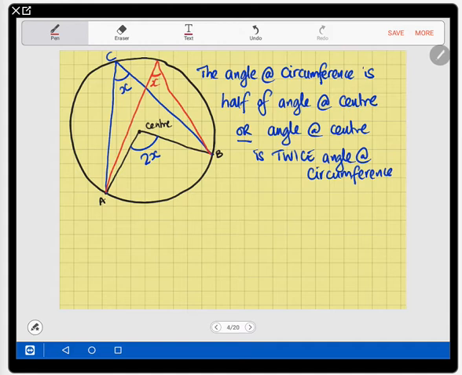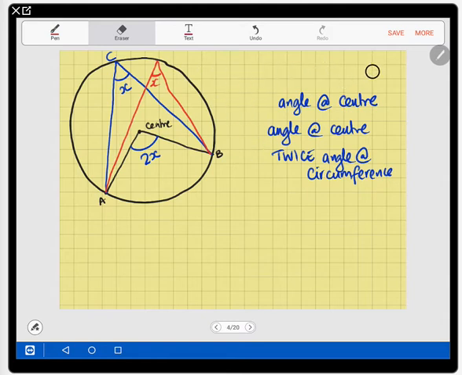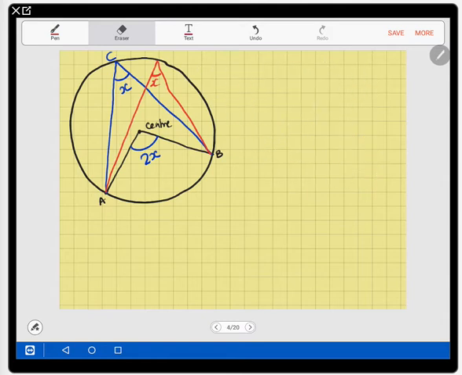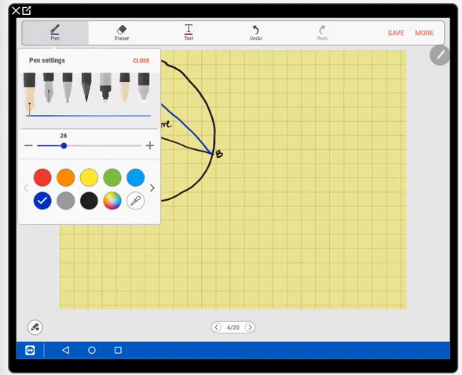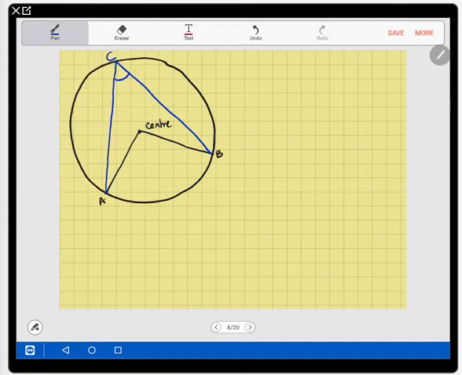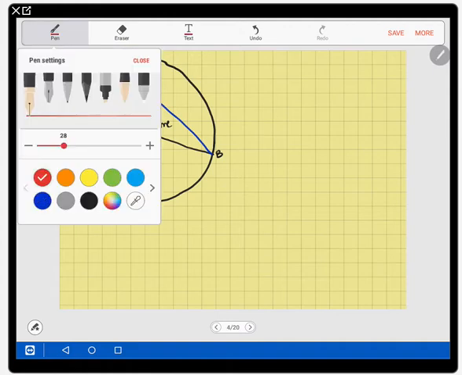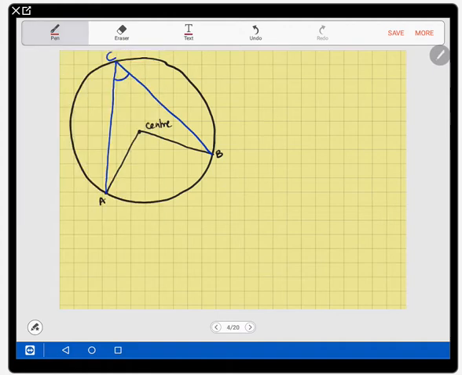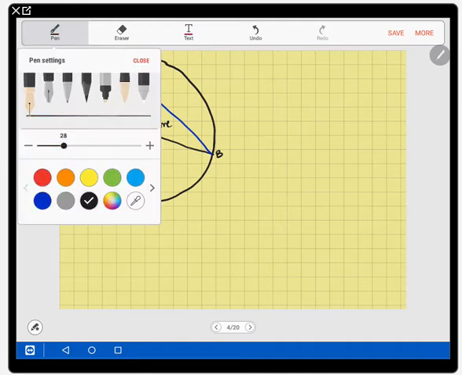Okay, let me draw a line here from C to, this is point O, which is the center.